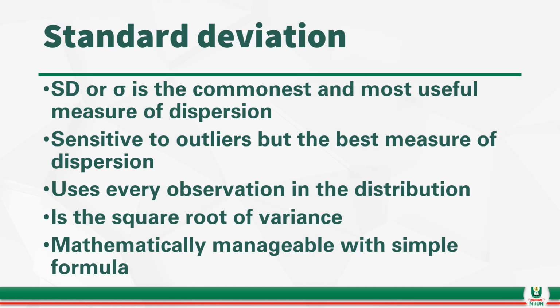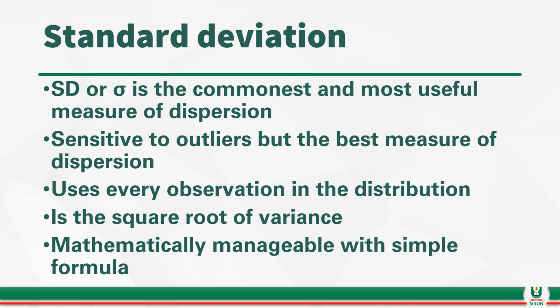So we'll start with standard deviation. It's one of the most important measures of dispersion and the commonest. It's also very useful, and it is very sensitive to outliers. It involves all observations in the distribution and is usually the square root of variance.